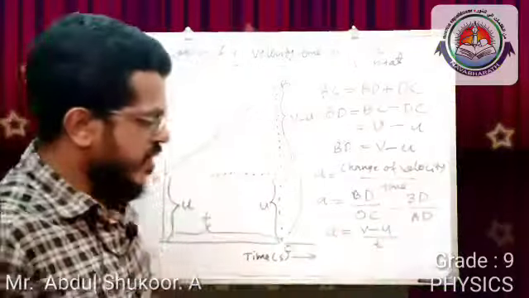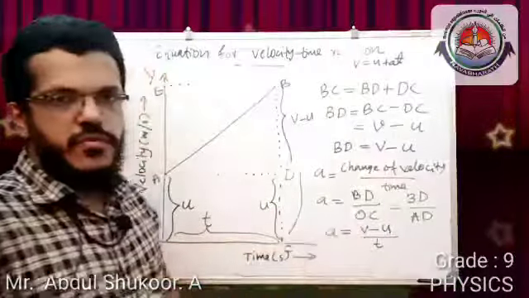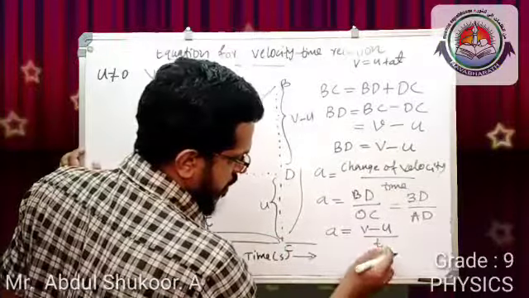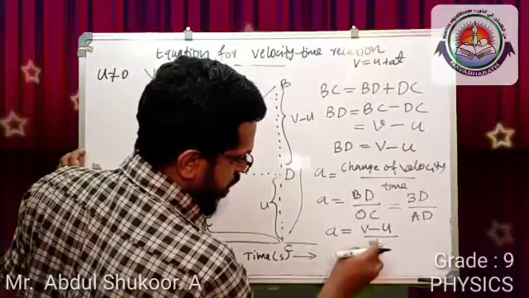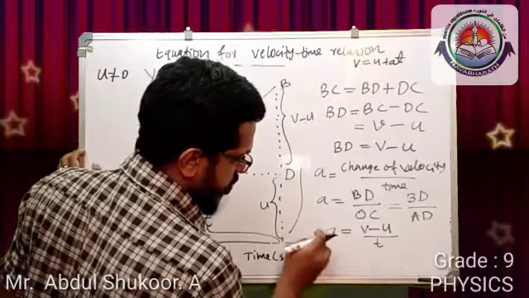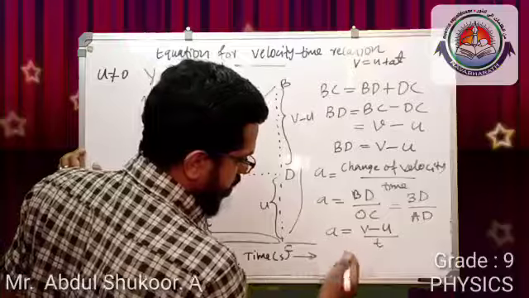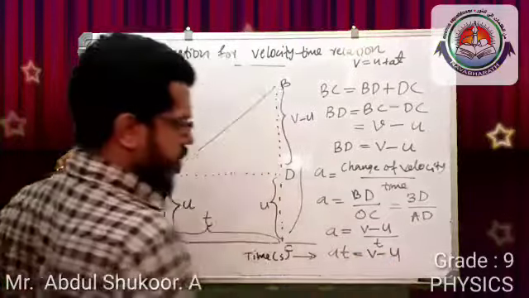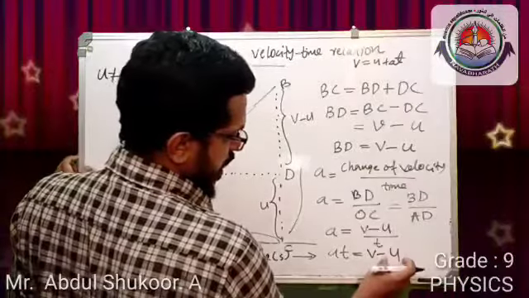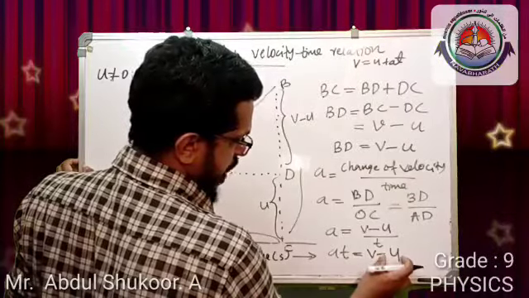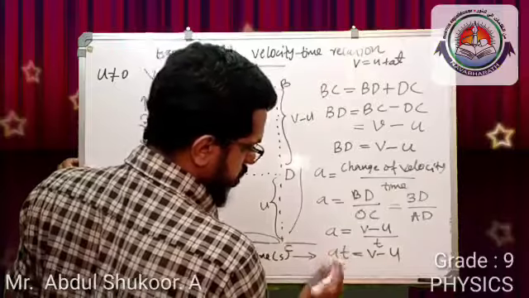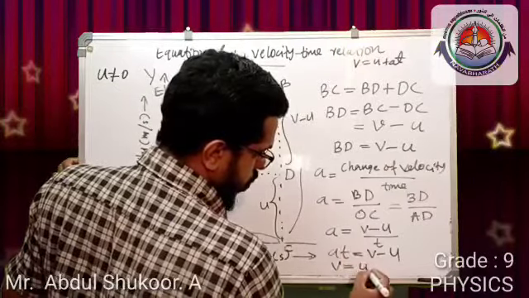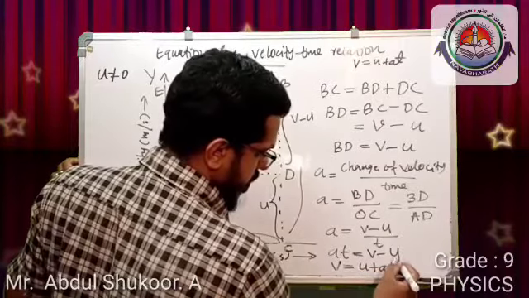We already learned that. If you rearrange this equation, what do you obtain? If T goes to the left hand side of this equation, then what do we get? AT is equal to V minus U. Then if minus U changes to this side, that means plus U. That is V is equal to U plus AT.